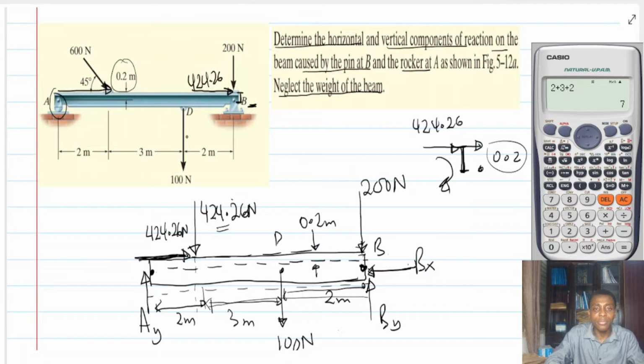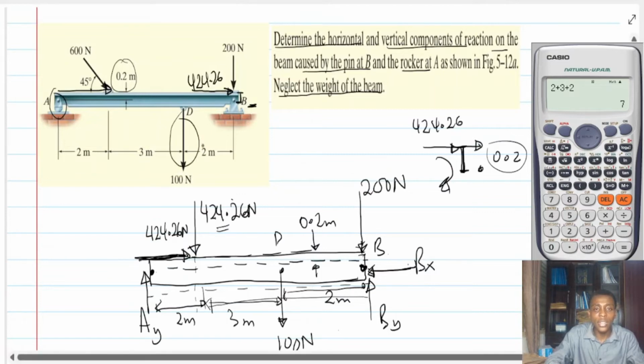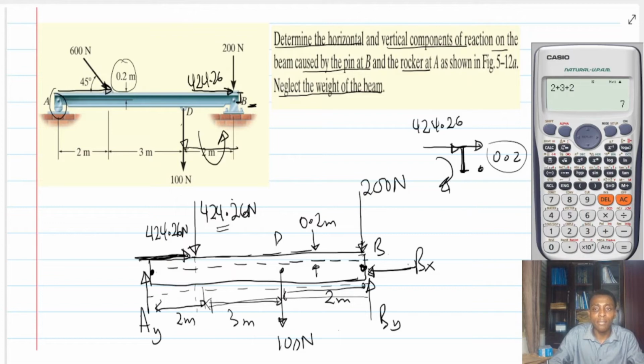Finally, I have a 100 Newton force, which is at a distance 2. This is going to cause a moment that is counterclockwise, so positive.